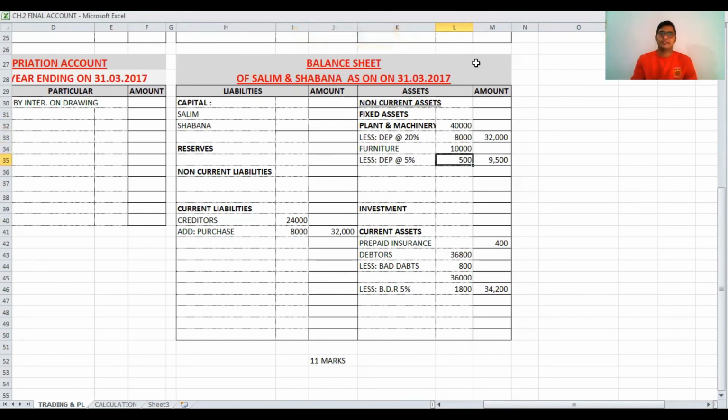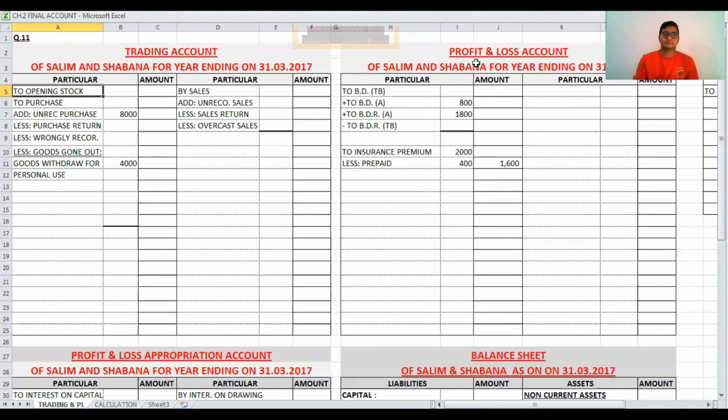Second entry in P&L account, to depreciation on plant and machinery and to depreciation on furniture.